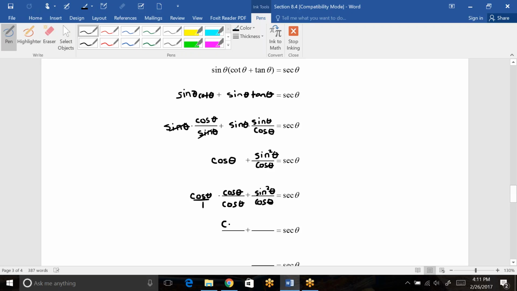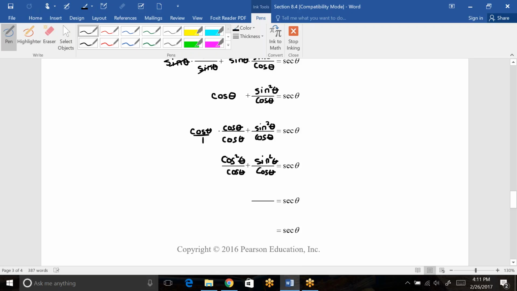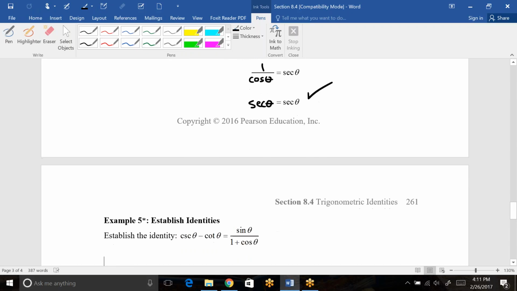So that would make that cosine squared theta over cosine theta plus sine squared theta over cosine theta. And because of the Pythagorean identity, sine squared plus cosine squared, those are both positive, equals 1 over cosine theta, and 1 over cosine theta is secant theta. So I have verified that that identity is true. But notice, I never did anything with the secant on the other side. You are just leaving it alone.